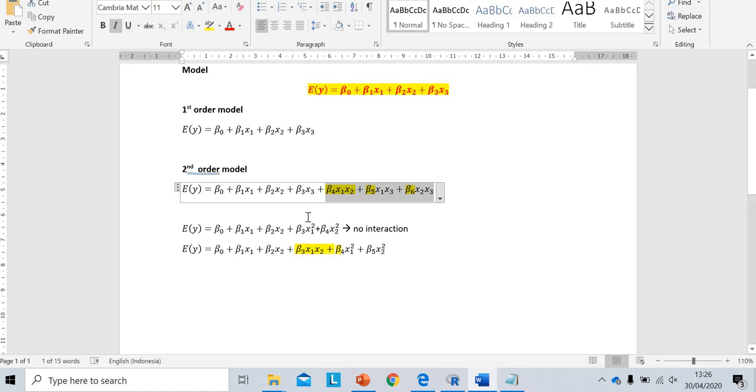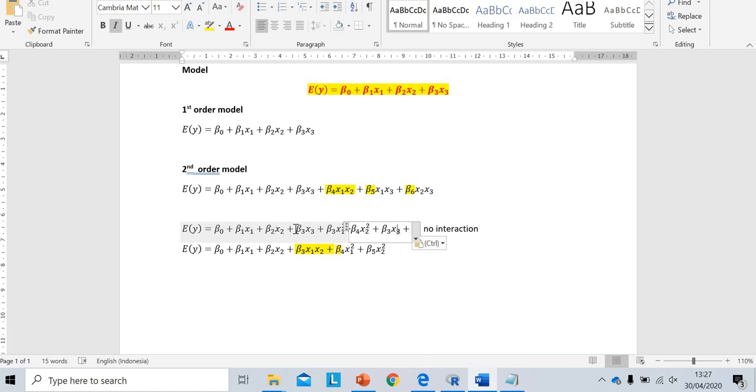Now if you want a second order model but with no interaction, then here we have beta 2 x2 plus beta 3 x3, then x1 squared, x2 squared, and of course here beta 4 x1 squared, beta 5 x2 squared, and then beta 6 x3 squared.